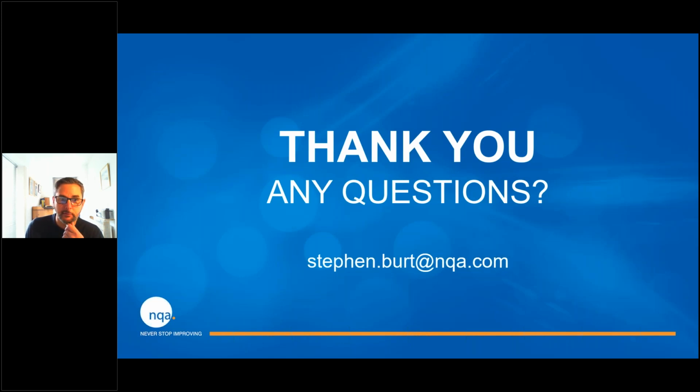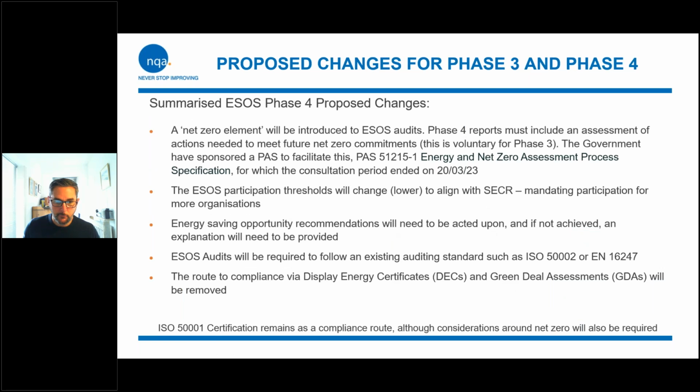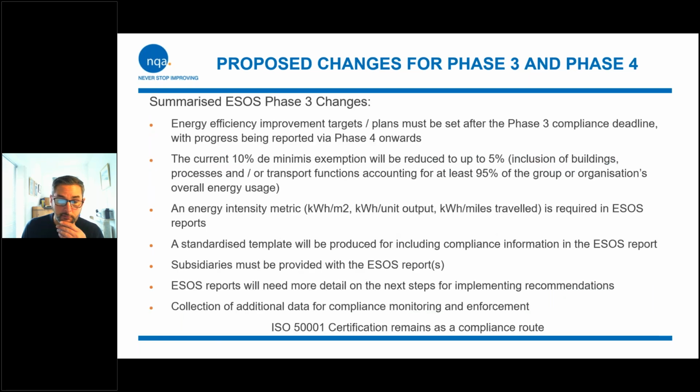Peter's asked, does the 5% de minimis apply to the current phase of ESOS? The de minimis will change. Just let me remind myself here. Was it Phase 4, I think, isn't it? No, Phase 3. So the de minimis changes for Phase 3.